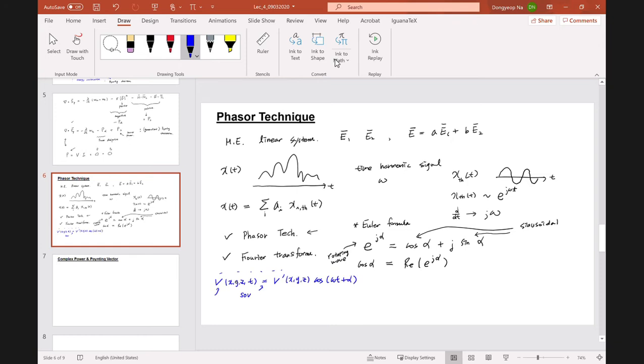This is a time harmonic field having frequency omega, and an arbitrary alpha can describe any kind of sinusoidal function. Then we can write this equivalently as the real part of the rotating wave term, omega t plus alpha.